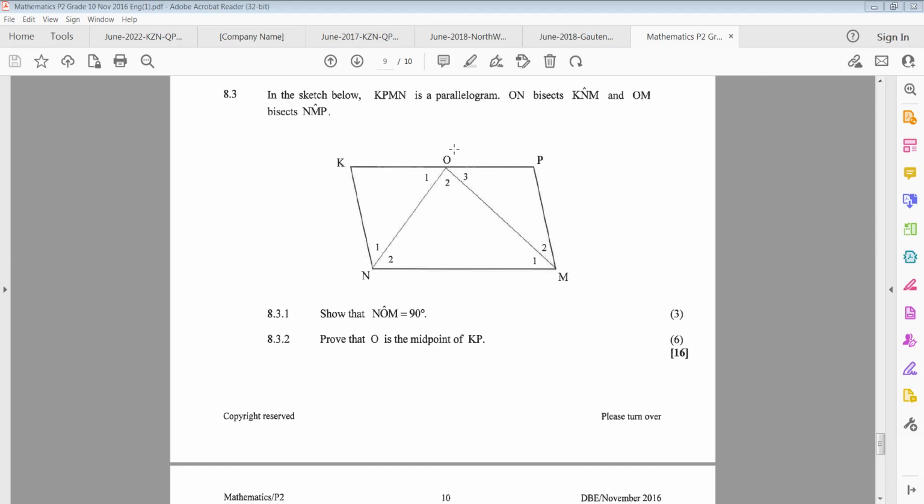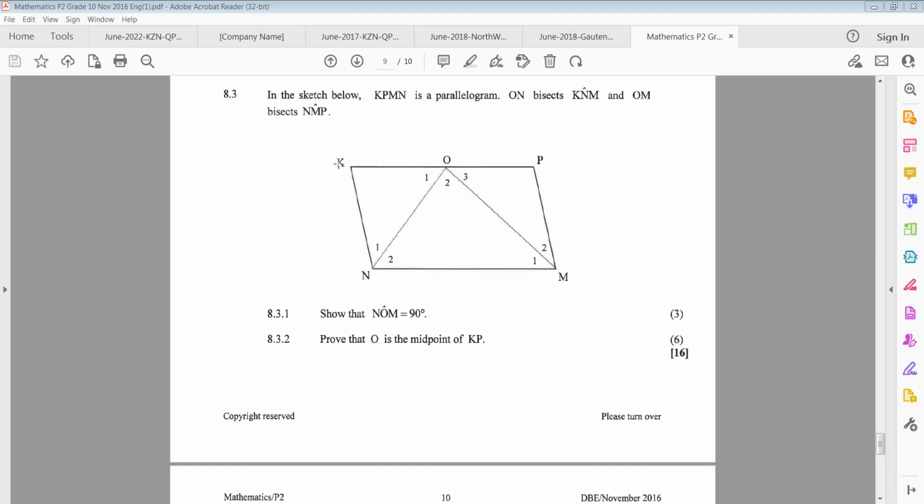In other words, POM is also an isosceles triangle. In other words, OP is equal to PM. Opposite angles equal sides. That's the reason. Or you can simply say that it is an isosceles triangle.